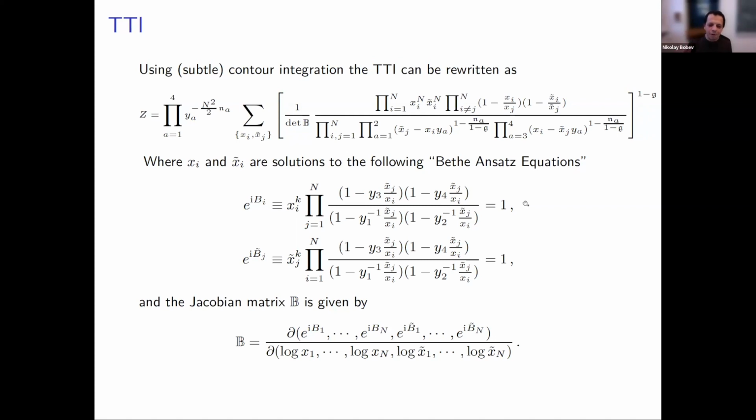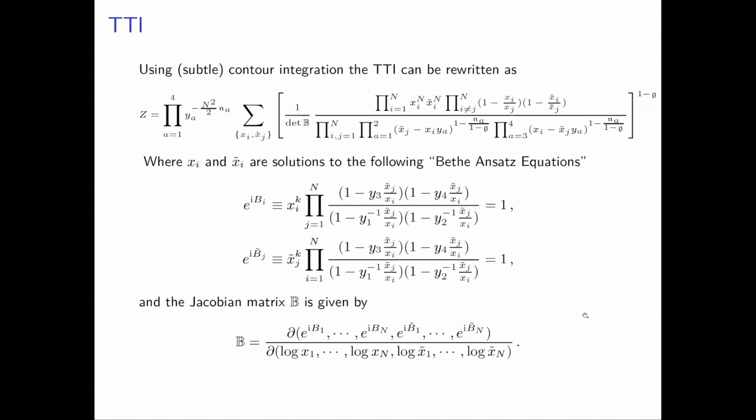We can talk later about whether these are actual Bethe ansatz equations for any integrable system, but at the moment, think of them as some complicated algebraic equations, which I have to solve for x and x tilde. So y1, y2, y3, and y4 are the background masses and sources, and these x's are the things that I have to solve for.